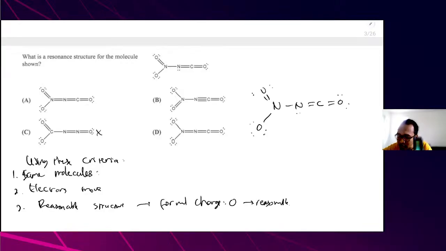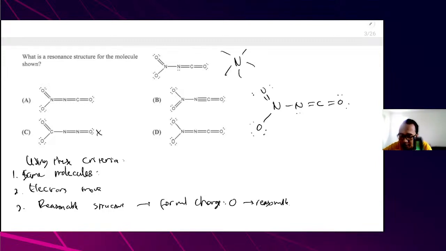How about the D? Yes, it's also moving, I think. But we need to remember that N always has 5.